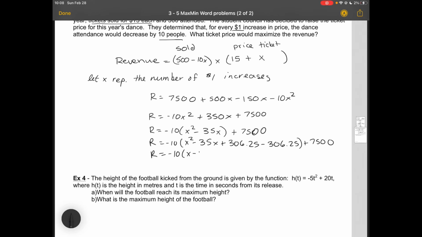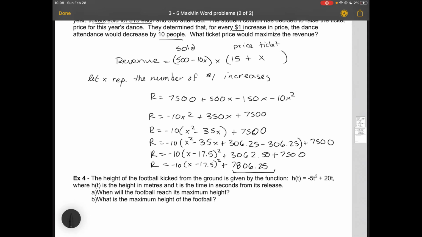And then I'm going to factor the first three terms as a perfect square. And then I'm going to take out my 306 number at the end by multiplying by 10. So 3,062.50 plus 7,500. And then I'm going to collect those last two terms, which is going to give me 7,806.25, which is actually my maximum profit.